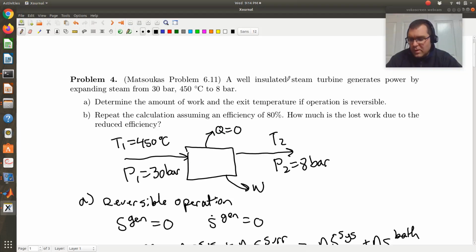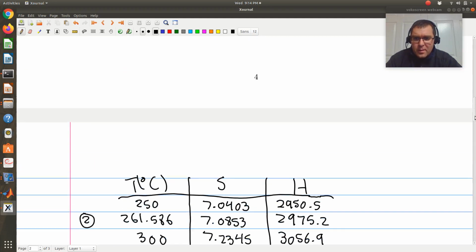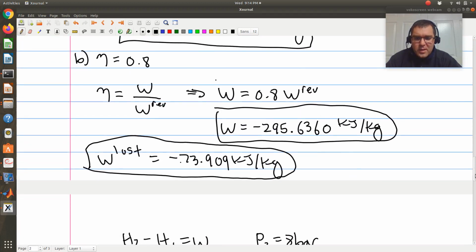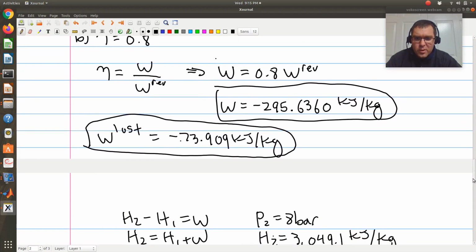All right, this is just a follow-up on problem 4. I had a moment at the end in terms of part B, trying to figure out the wording here: how much is the lost work due to the reduced efficiency? In part B, we worked backwards. Based on the efficiency and the reversible work from part A, we calculated the actual work.